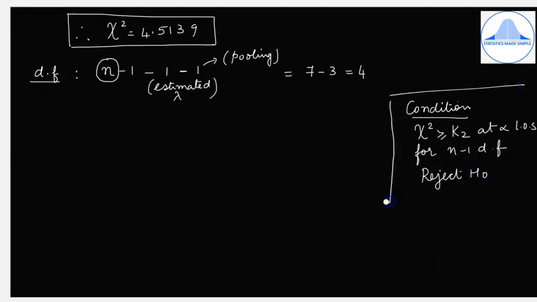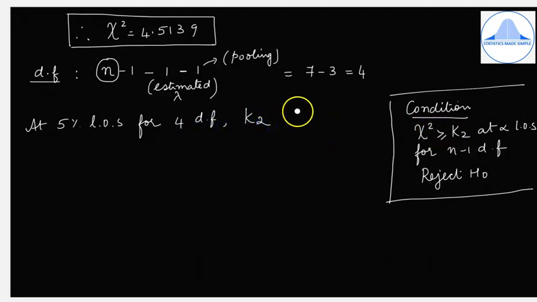So this is an important condition which you have to remember. Now we have got the degrees of freedom as 4. So from the tables, at 5% level of significance, for 4 degrees of freedom, you should find out the value of K2. So K2 value is 9.49 from the statistical table.